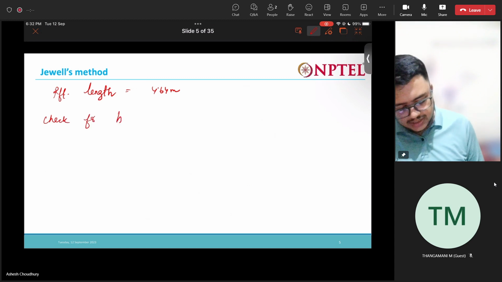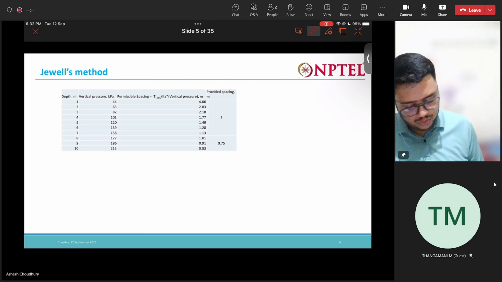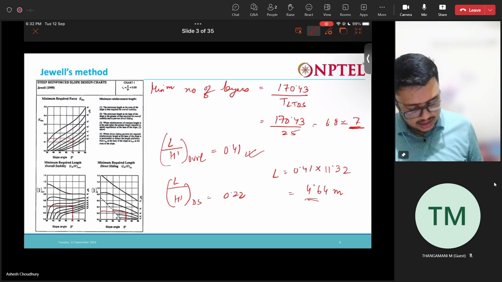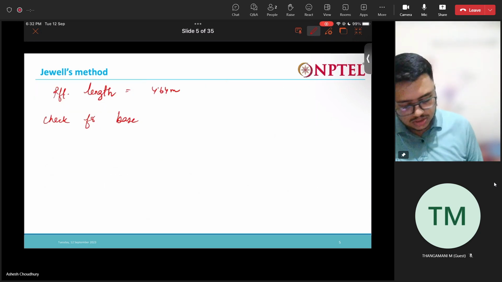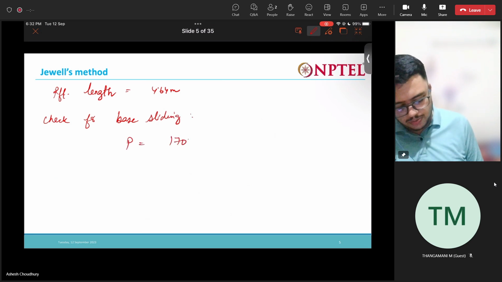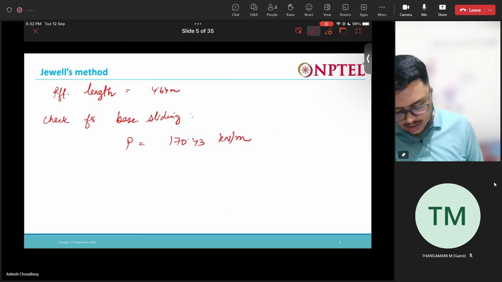Obviously it will satisfy, because we have chosen the length such that this is greater than the direct sliding length, so this criterion will get satisfied. Let us just check this once. What is the P that is coming? 170.43 kilonewton per meter, right?